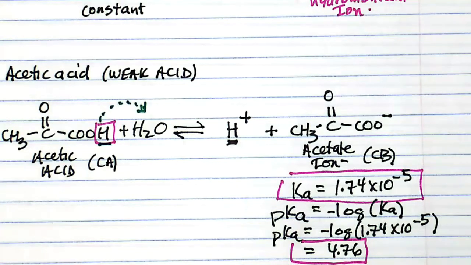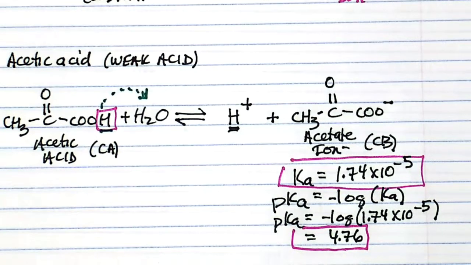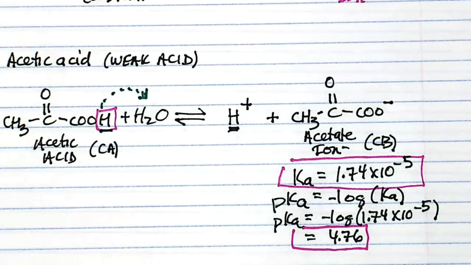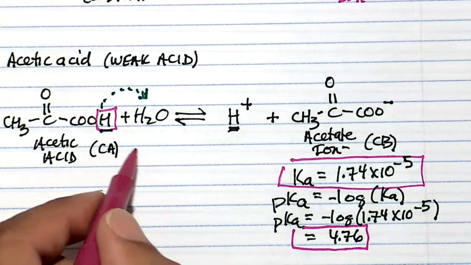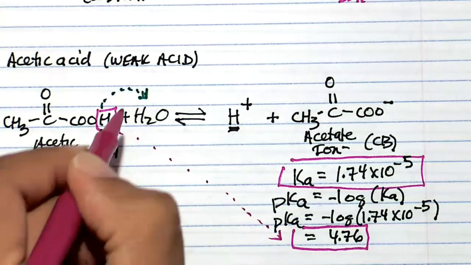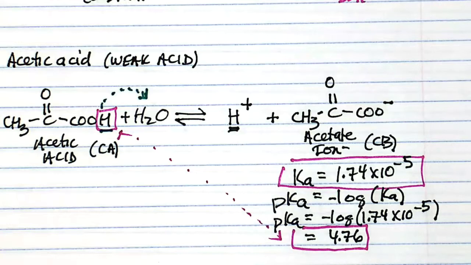By doing the minus log of that Ka constant, we get a nice number we can reference it by. It's just a mathematical transformation, a minus log transformation to be specific, that gets rid of the messy exponent. So we can say 4.76 is the pKa of that dissociable proton in acetic acid.